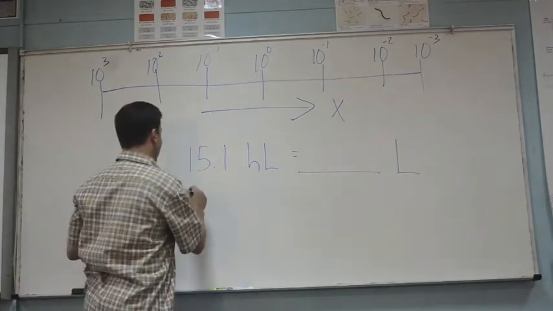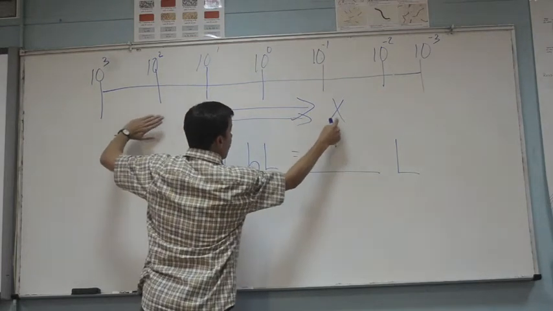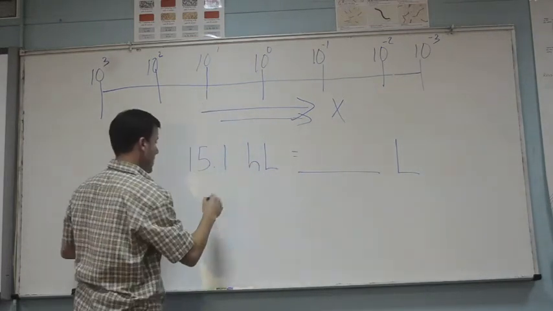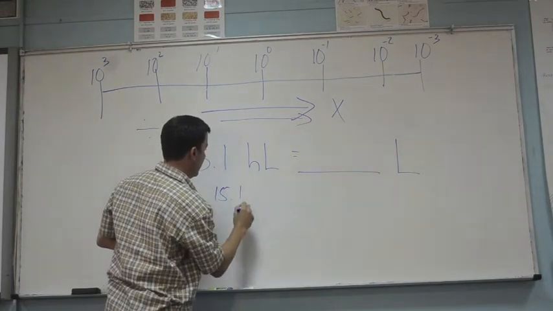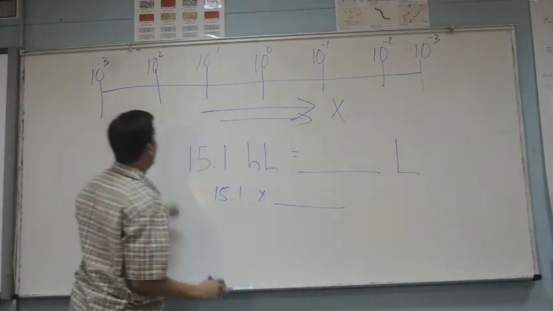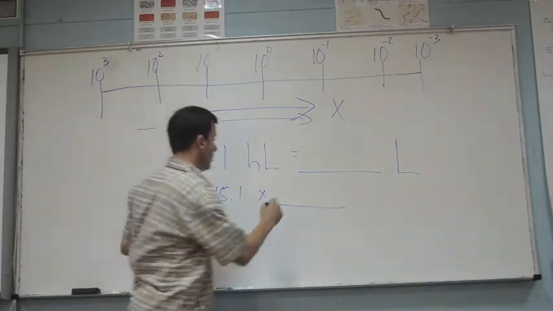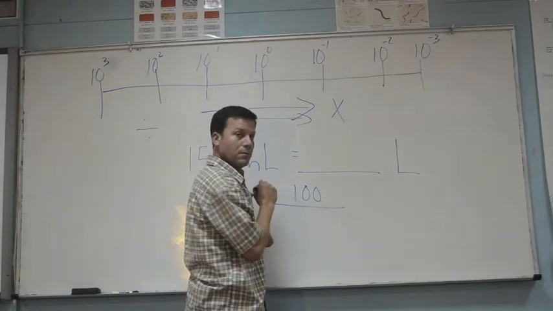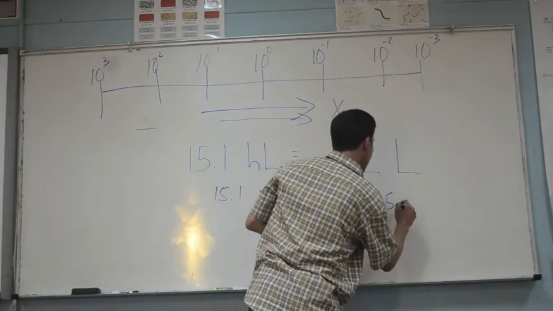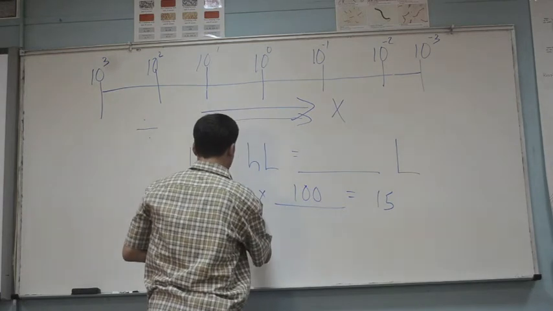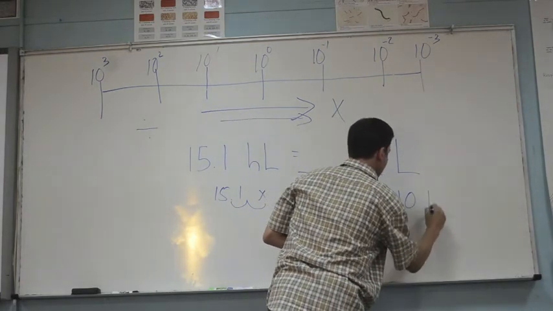So how do we solve that? We're moving in this direction, so we multiply. So we're going to have 15.1 times something. Times what? 2 spaces, 10 to the power 2, that's 100. Our answer is 1,510 liters.